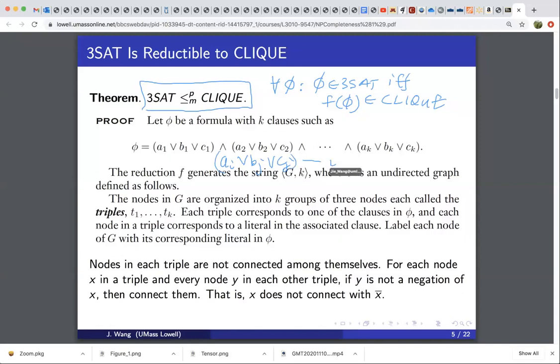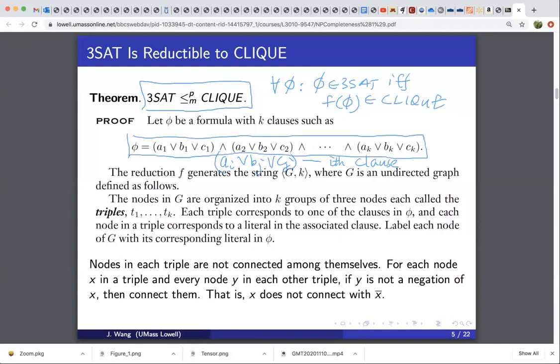Assuming we have k clauses, then that is the general form.